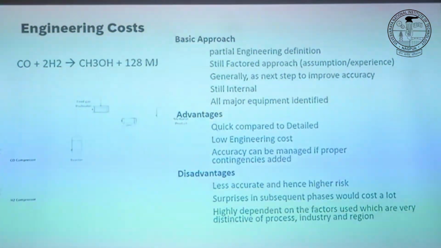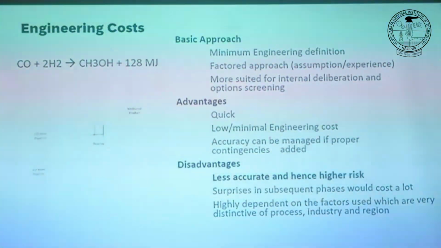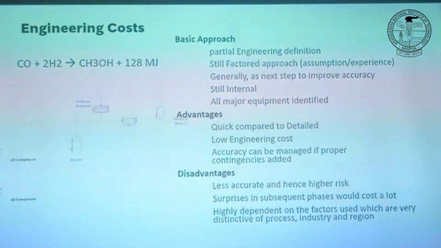I'll not repeat the accuracy and financial risk once again. As you detail out your engineering, you are increasing the accuracy and reducing your financial risk. You can imagine if you go to a bank and say, I need 37 million euro to build a plant which will produce methanol, and show only this piece of paper, probably they will throw you out. They need to know that you have done your homework.